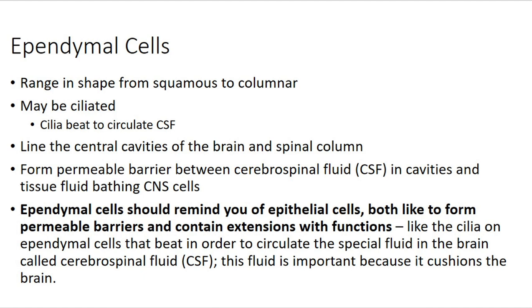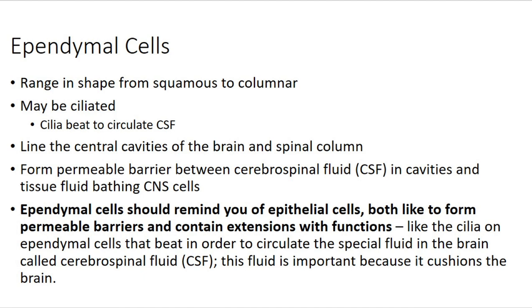These cells are going to line up next to each other, and they're going to be the inside lining of central cavities for the brain and for the spinal column, and they're going to form a permeable barrier between these spaces with cerebrospinal fluid, or CSF, and the tissue that is bathing other cells. Now, ependymal cells definitely should remind you of epithelial cells because they both like to form permeable barriers.